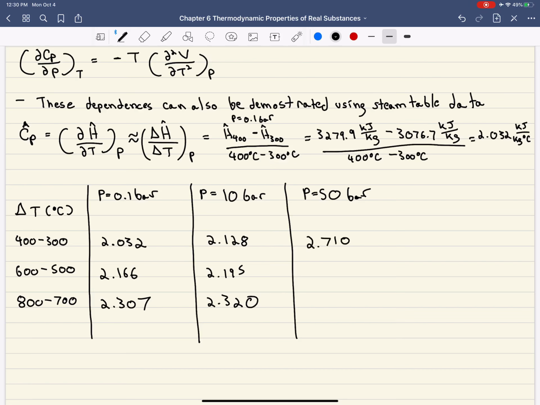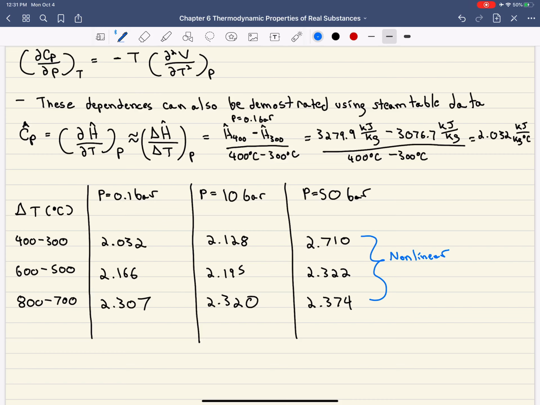And when we do this calculation again, we see not only do the effective CPs increase as we increase pressure, but now the trend that we see across temperature is different. We start off very high here, but then as we increase temperature, we go to a lower value and then to a higher value. Okay? And so what we end up with here is a nonlinear relationship with temperature.